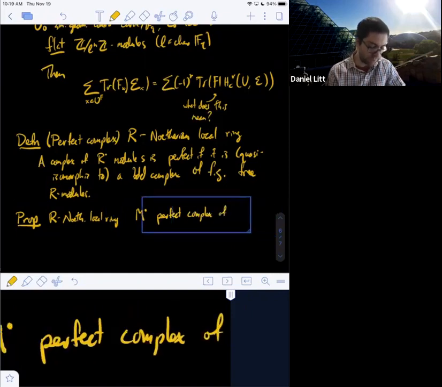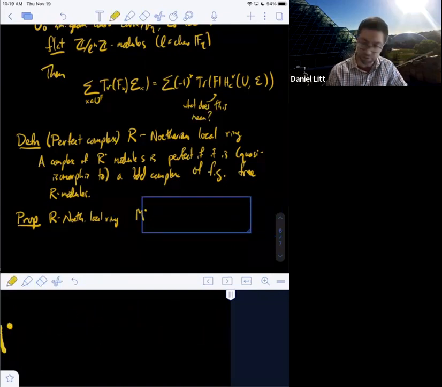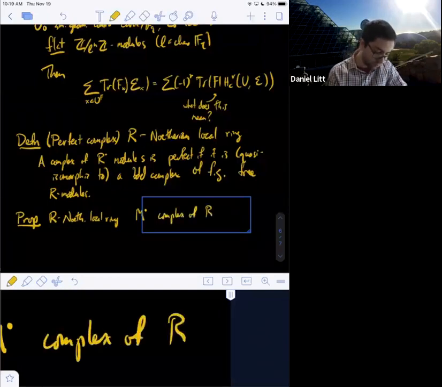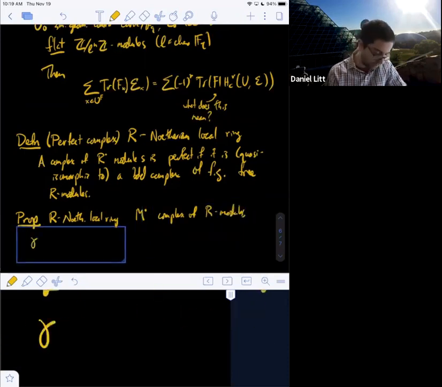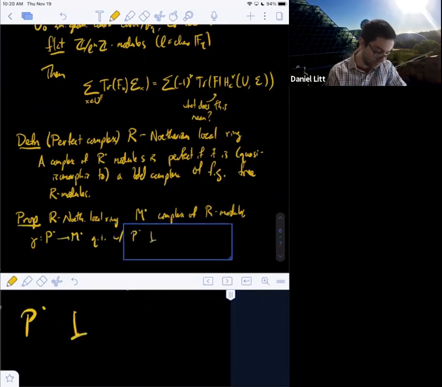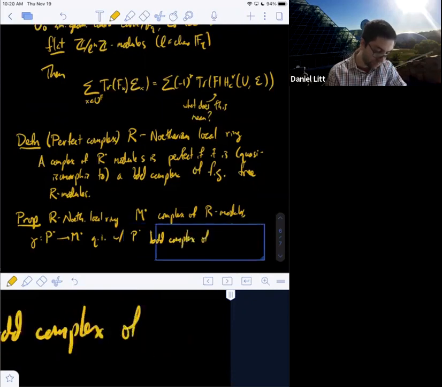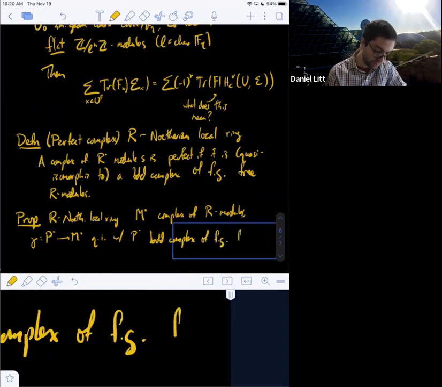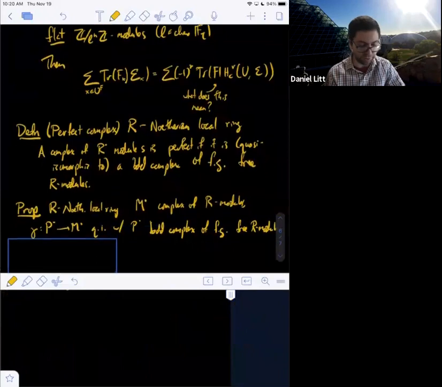So suppose M is a complex of R modules and gamma from P to M is a quasi-isomorphism with P a bounded complex of finitely generated free R modules. So this is another way of saying M is perfect.